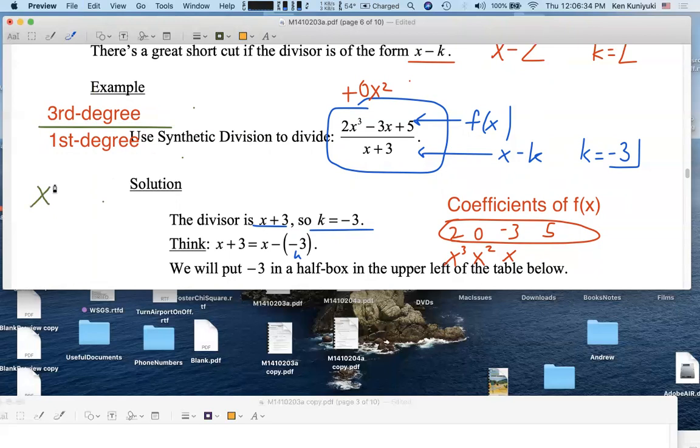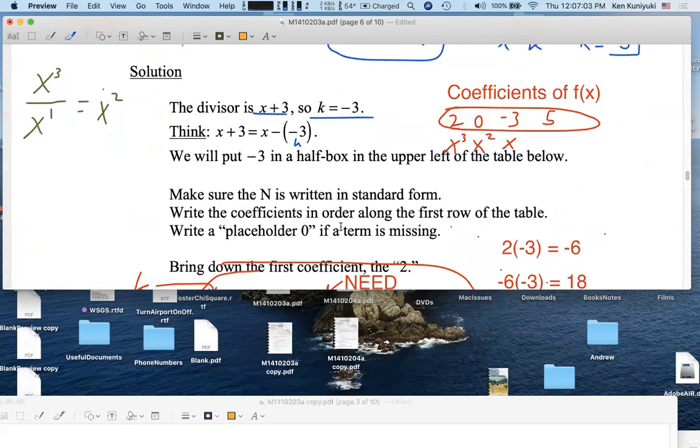What is x to the third divided by x to the first? It's x to the second. When you divide powers of x, you subtract the exponents. In general, when you divide a third degree polynomial by a first degree polynomial, your result will be second degree. You subtract the degrees.